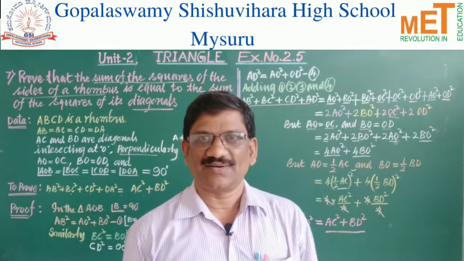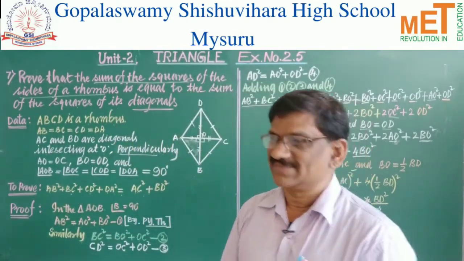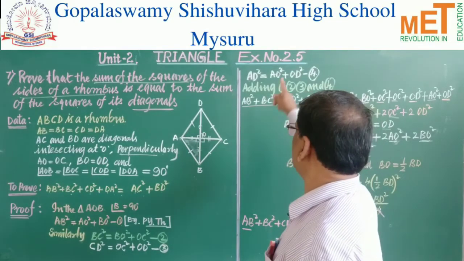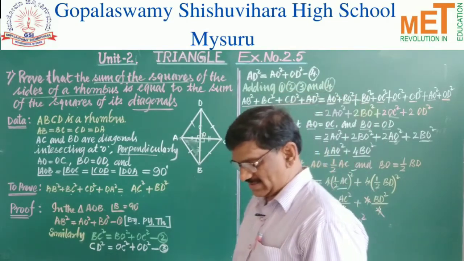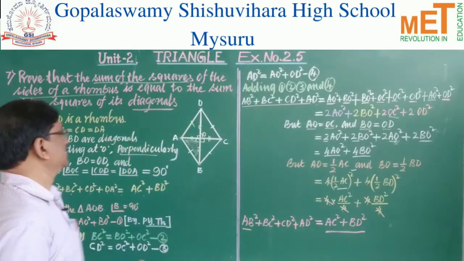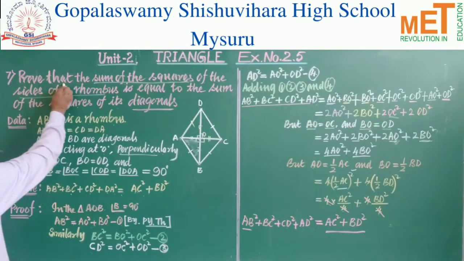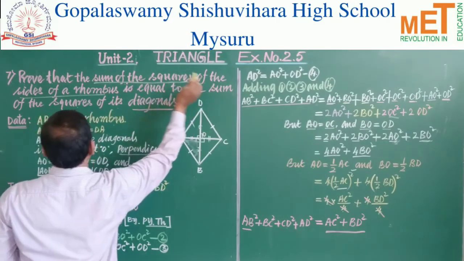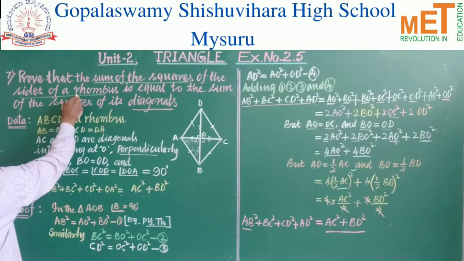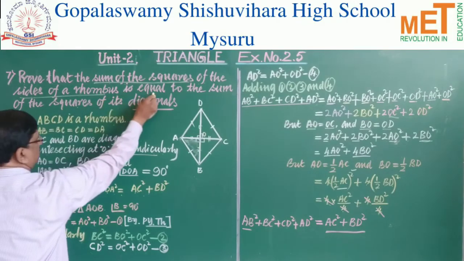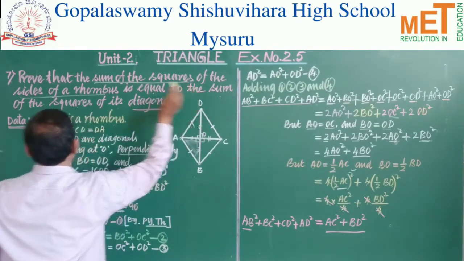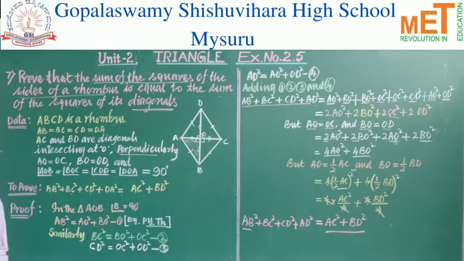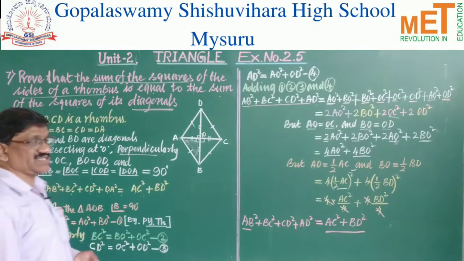Okay, children. Now, let us start the next sum, that is 7th sum in the exercise 2.5. You see what it says here. Prove that the sum of the squares of the sides of the rhombus is equal to the sum of the squares of its diagonals. Clear, children? So what does it mean?